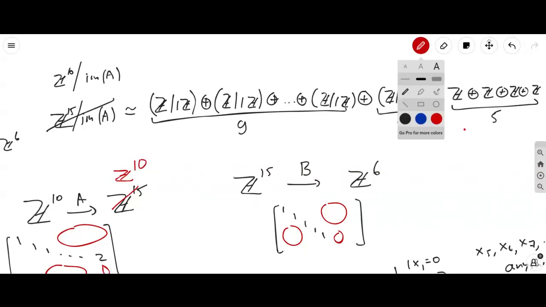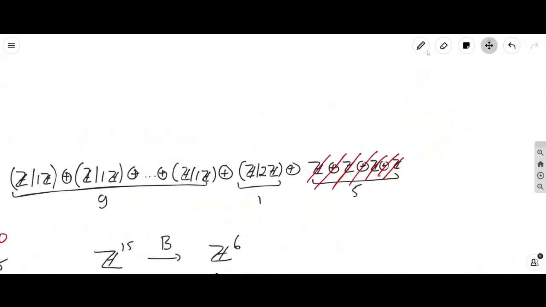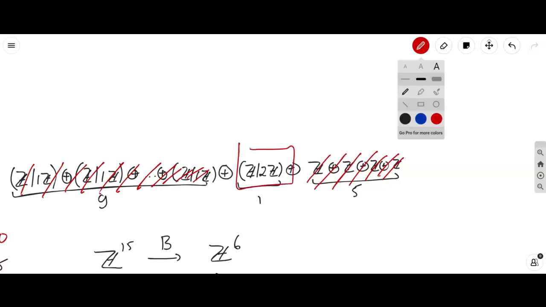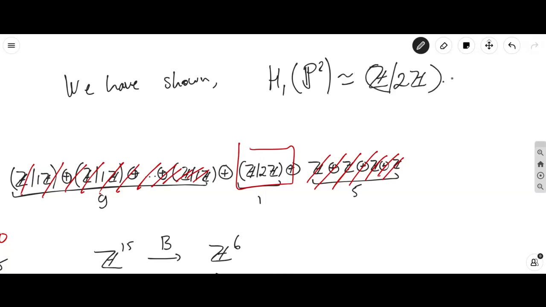You have exhausted all of your factors, so the trivial factors all go away as well, and there's only one factor you're left with. And so we have shown that the first homology of the projective plane is isomorphic to Z mod 2Z.